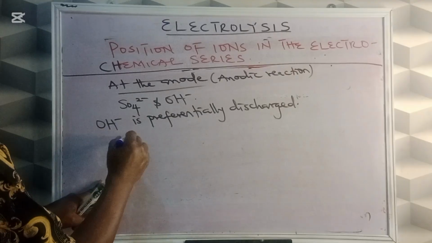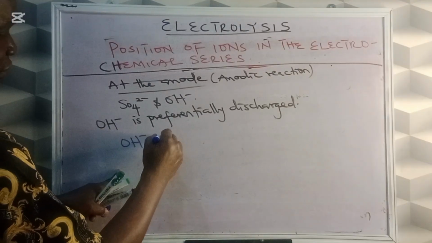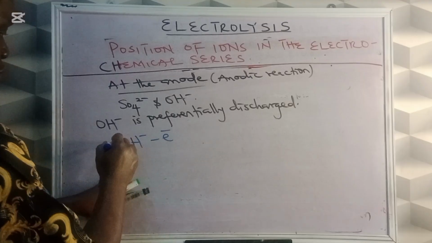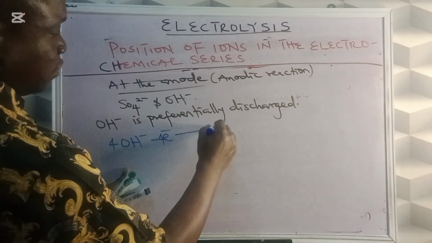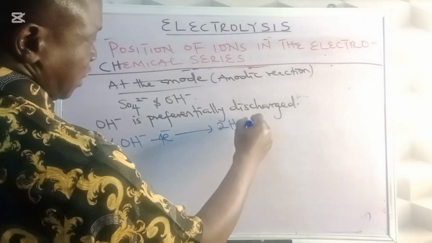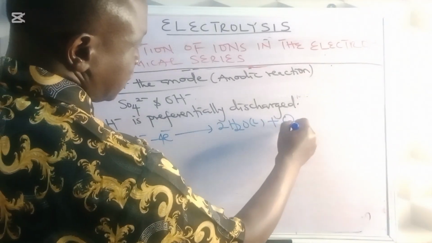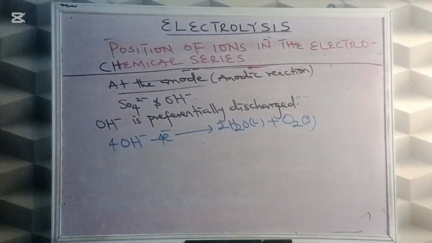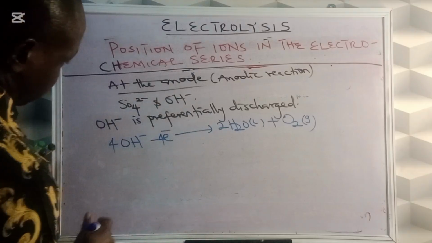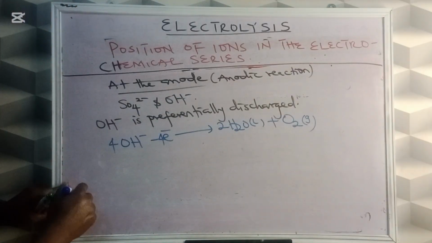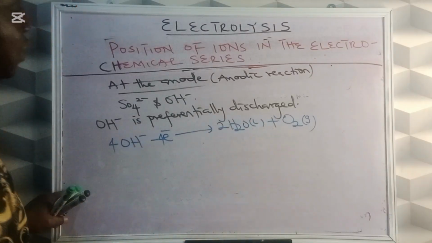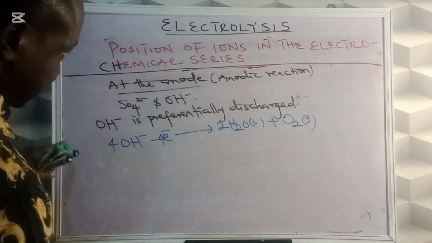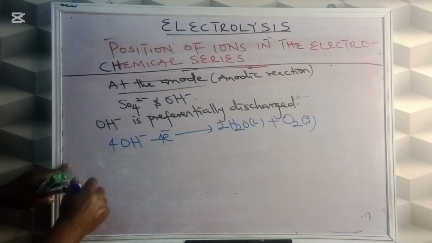So we say 4OH- minus 4 electrons gives 2 moles of water plus oxygen gas. That's the equation. So this occurs at the anode. The gas liberated at the anode is oxygen gas, while copper is being deposited at the cathode.